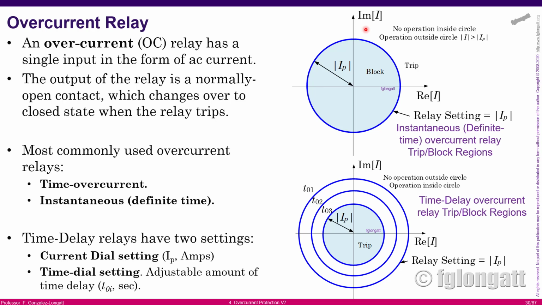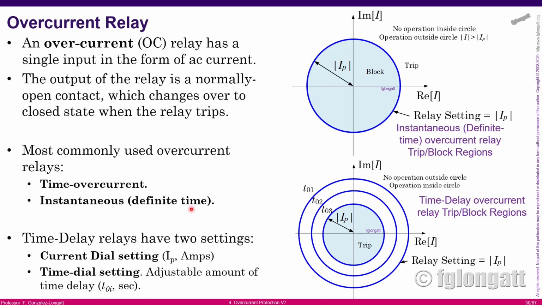Okay, that circle can be defined using the instantaneous setting. In a typical non-directional overcurrent relay, there are two typical functionalities. We can identify the time overcurrent and what we call the instantaneous and definite time action.